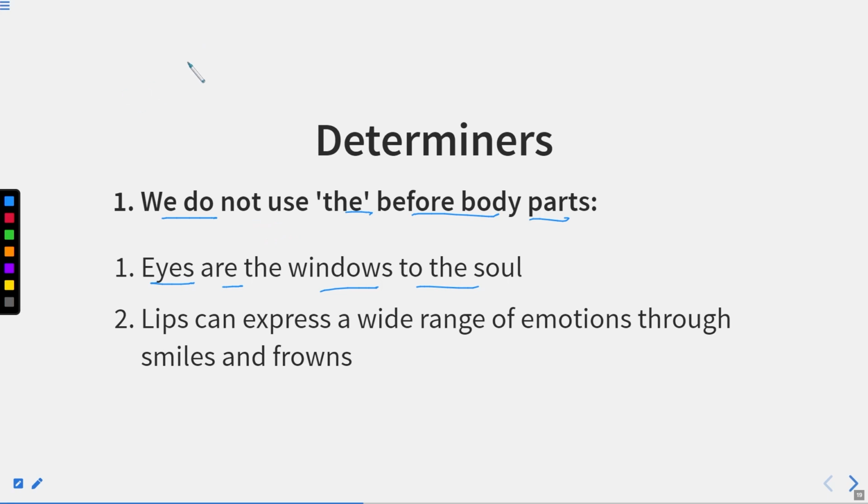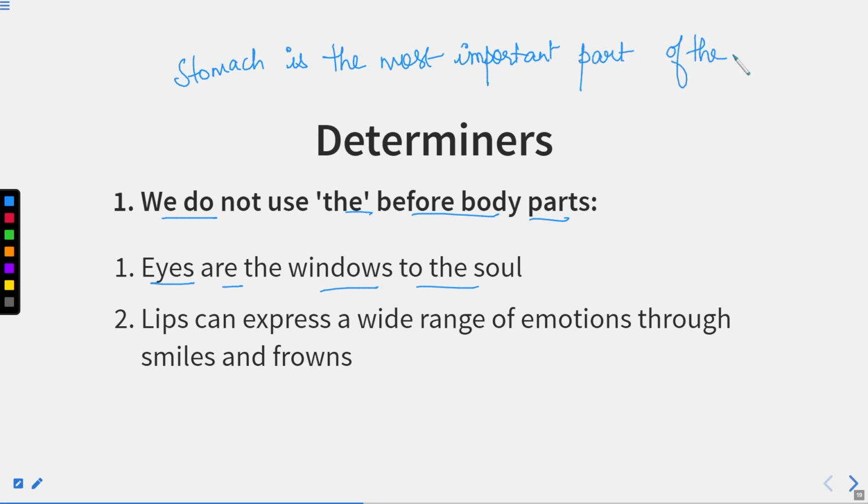If I say stomach is the most important part of the body, of course, I will not use the before it. Or heart is the most important part of the body. Now, I cannot use any article before it. The sentence is absolutely correct as it is. We cannot use the or any article before it.